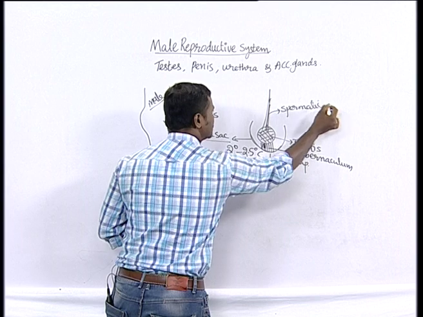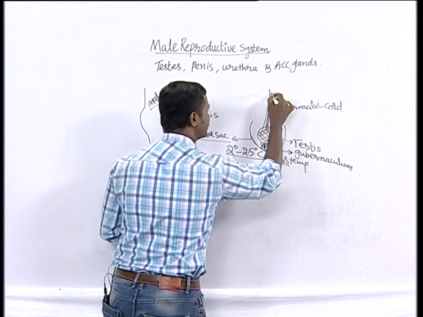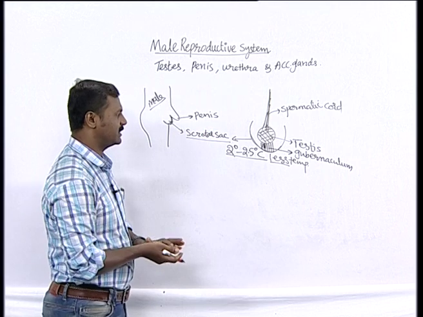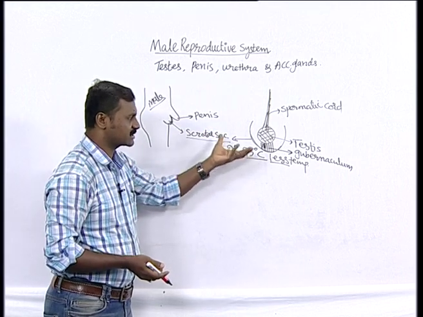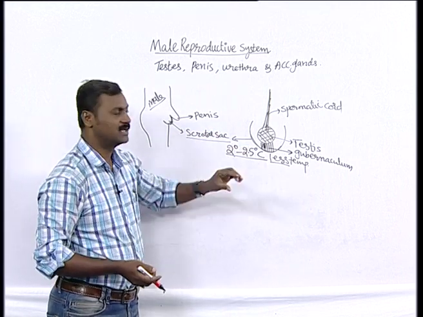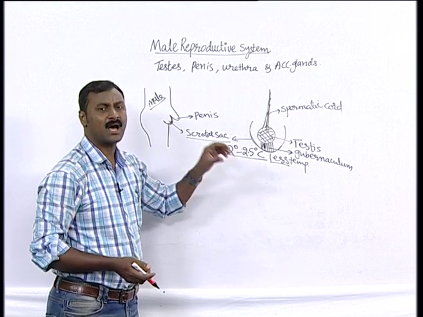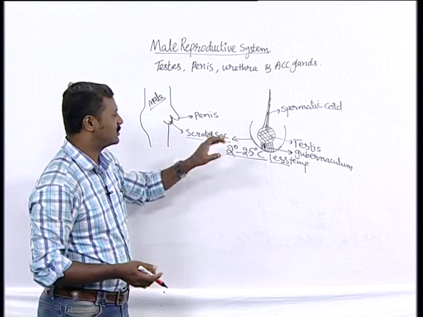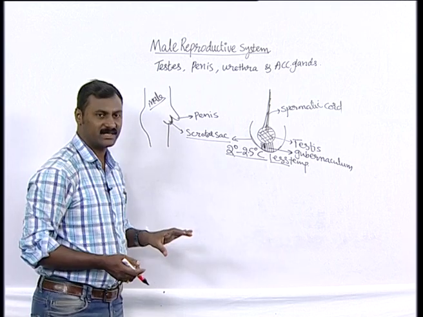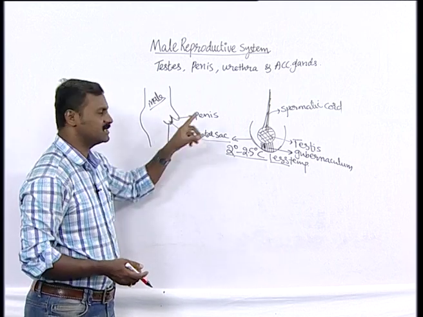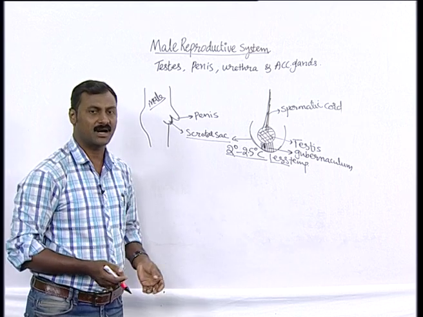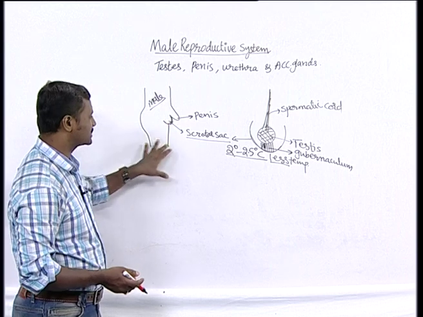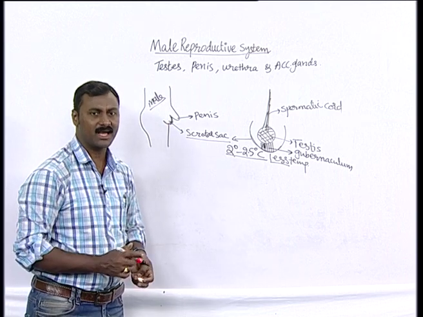So the spermatic cord gives protection from the anterior side and the gubernaculum from the posterior side, and in this way the testes are held in position in the scrotal sacs. This is the penis, which is the intromittent organ useful for sexual intercourse. These are the external structures we observe in a male.